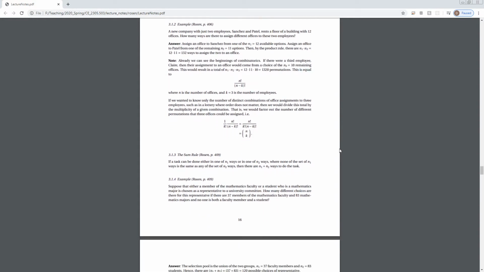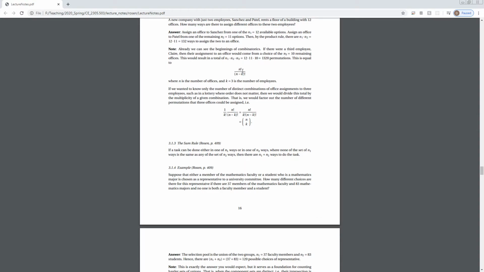But let's say that we did want to consider the lottery. So this formula doesn't quite work, right? Well, not yet. But if we remove all of the repeated, so in that case, we're not interested in who gets which office. We're interested in which offices have already been consumed or assigned. So we're not looking for the ordering or the specific assignment to an individual or a place in line.